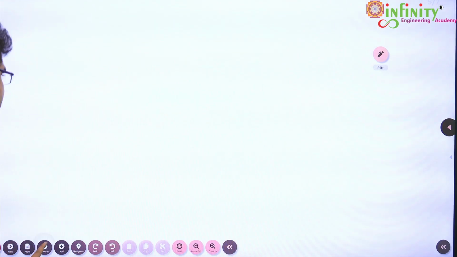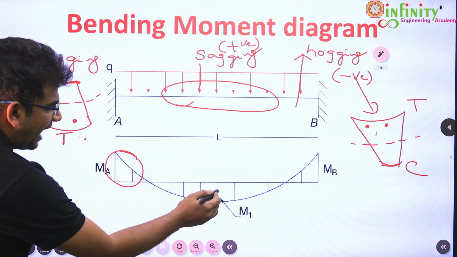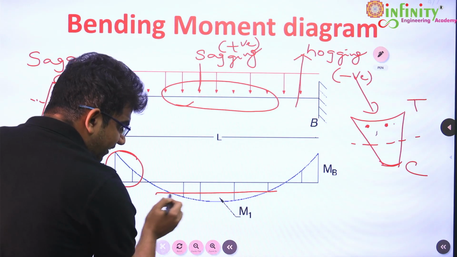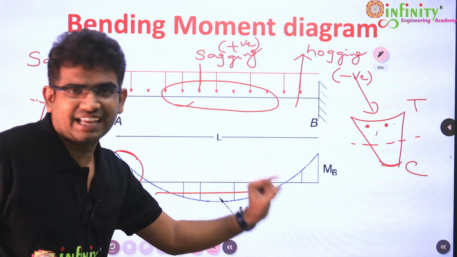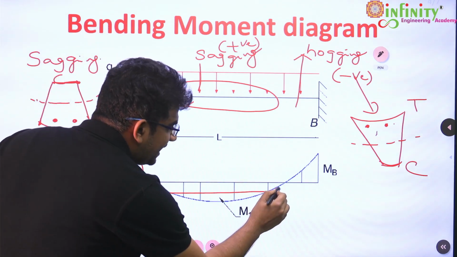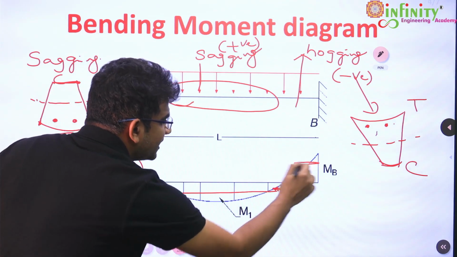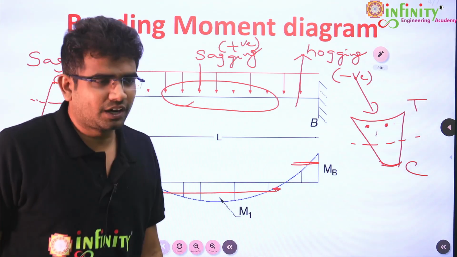In the fixed beam, as the bending moment diagram is like this, whenever the bending moment is sagging, we have to place the steel below the neutral axis, and whenever the bending moment is negative, we have to place the bars above the neutral axis.